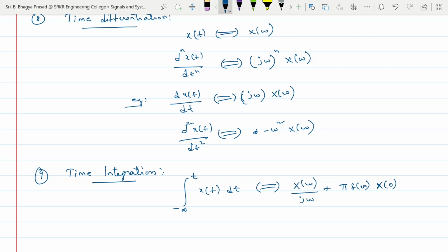X of omega is the Fourier transform of x of t, and x of 0 is the value at omega equal to 0.